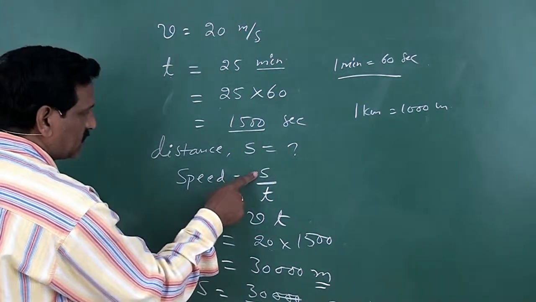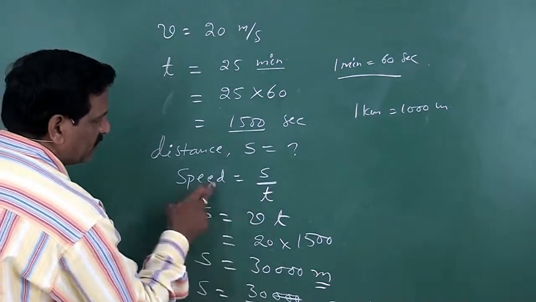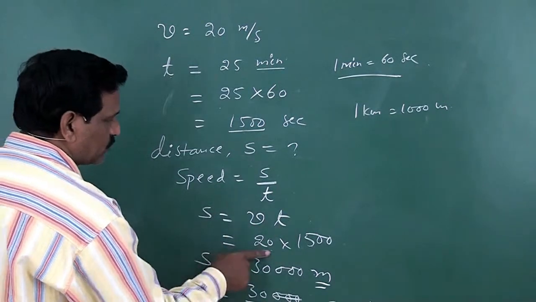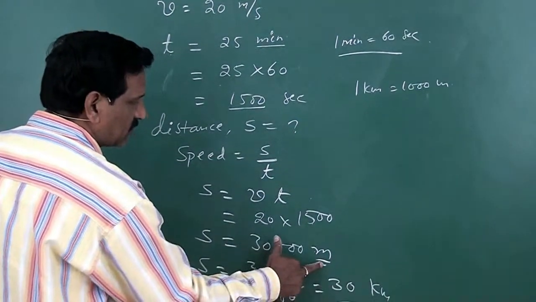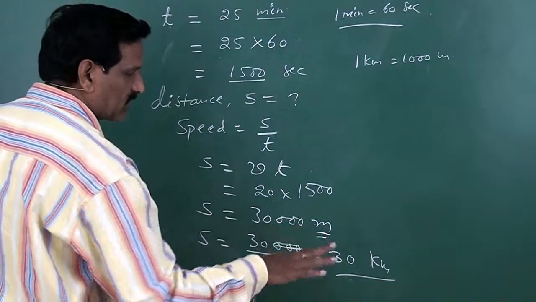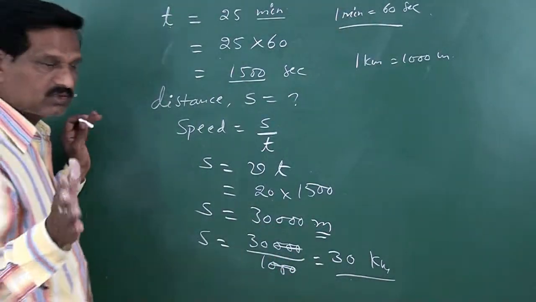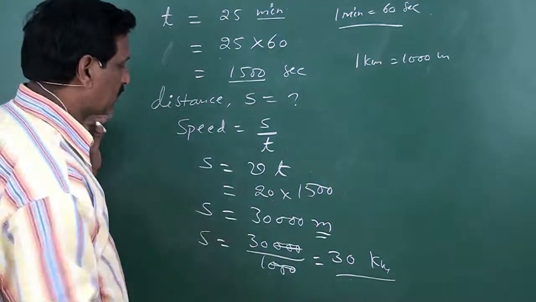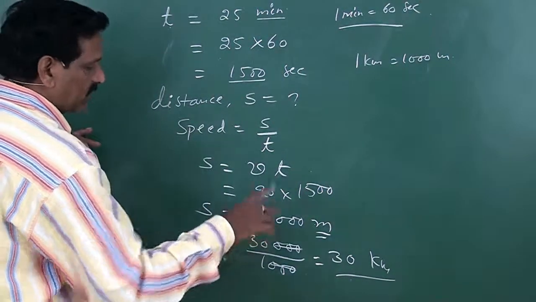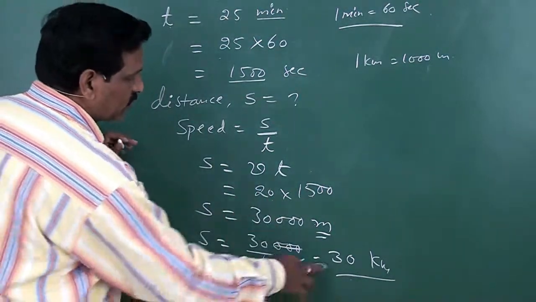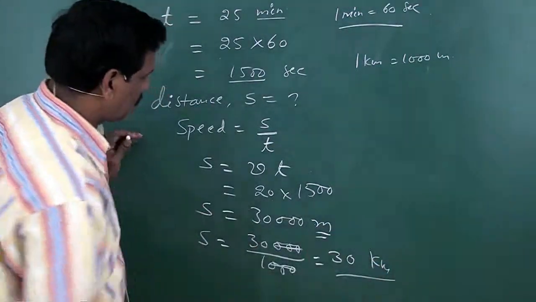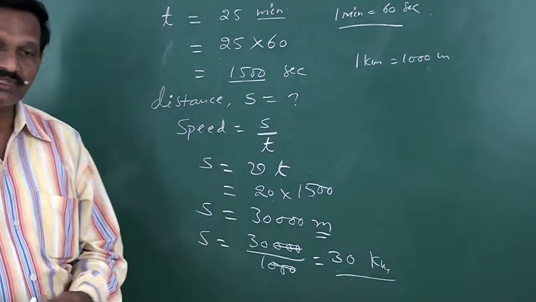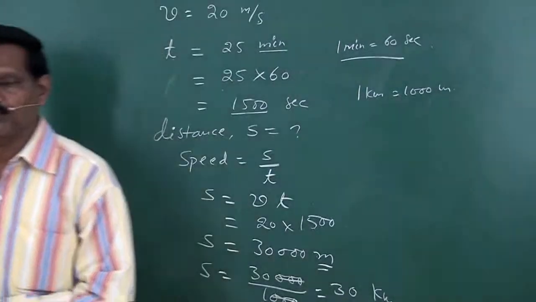Therefore, S is equal to V into T, that is 20 into 1500, 30,000 meter. This 30,000 meter should be converted into kilometer because it is asked to find the distance in kilometer. Hence, this should be divided by 1000. Then you get 30 kilometer. This is the distance covered by the bus.